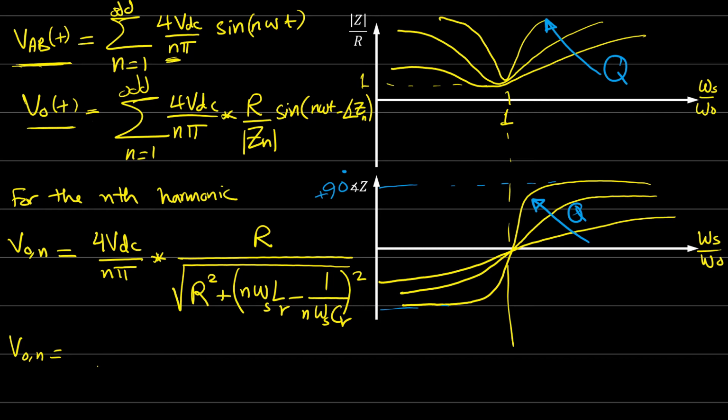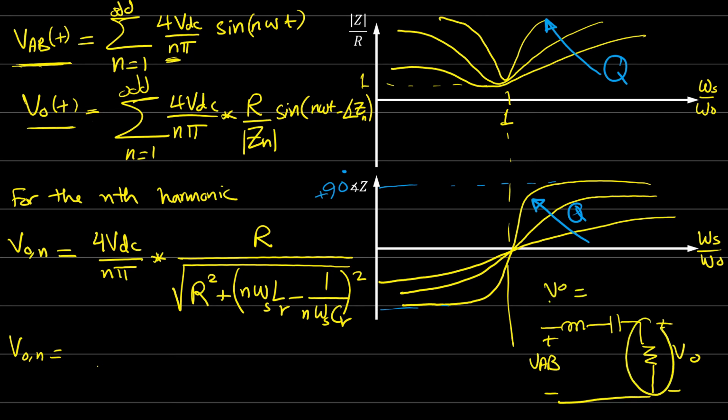We have the input voltage, we have the output voltage, and we have impedance between them, right? Impedance. Like look at this here. This capacitor, inductor, and resistor. Right? This is V out and this is VAB. V out is equal to how much? Voltage divider. This over all impedance here times VAB, right?